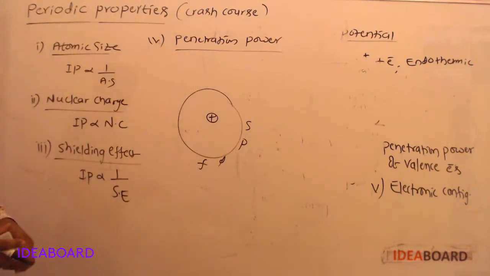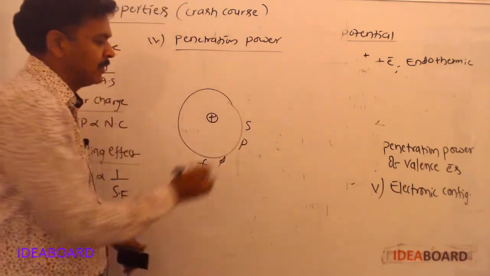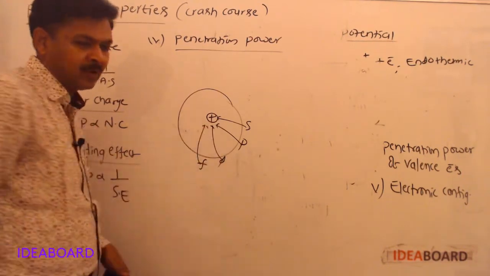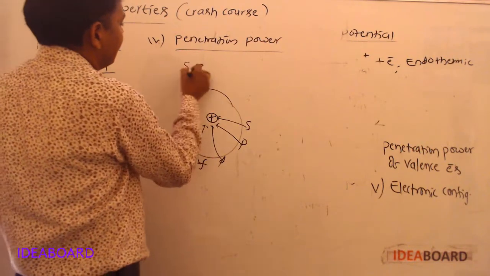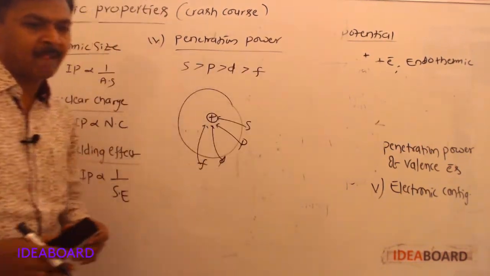For a given orbit, electrons present in these orbitals will penetrate towards the nucleus. The penetrating power of various orbitals is s greater than p greater than d greater than f.